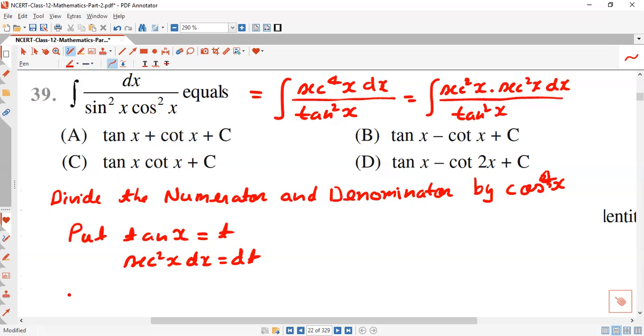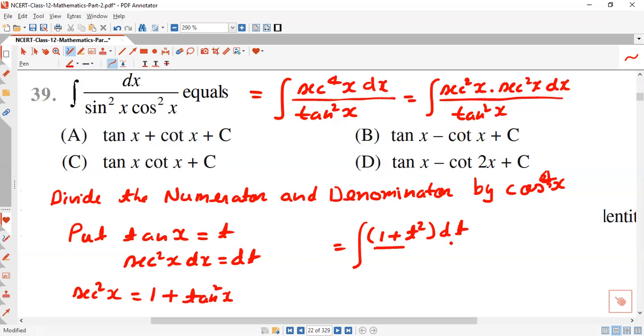Also we know that sec square x will be equal to 1 plus tan square x. So this integration becomes 1 plus t square dt divided by t square.